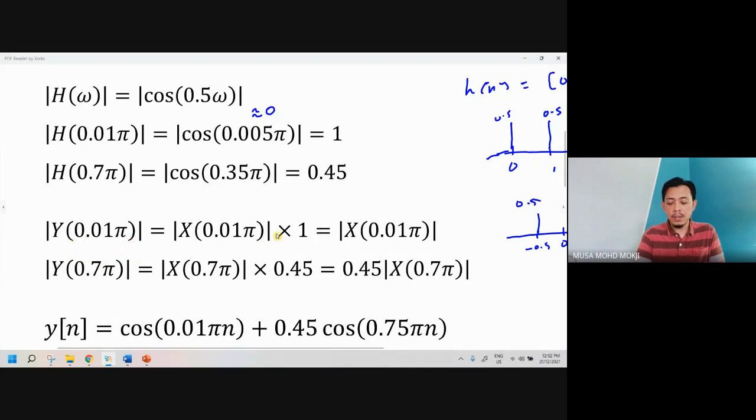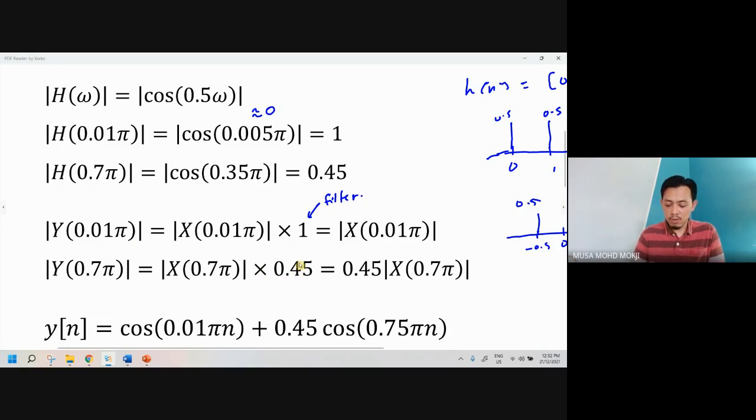Output is just a multiplication of our input signal spectrum multiplied by the spectrum of our filter. So whatever you have in this frequency, you will multiply by 1. And at frequency 0.7, you need to multiply by 0.45.